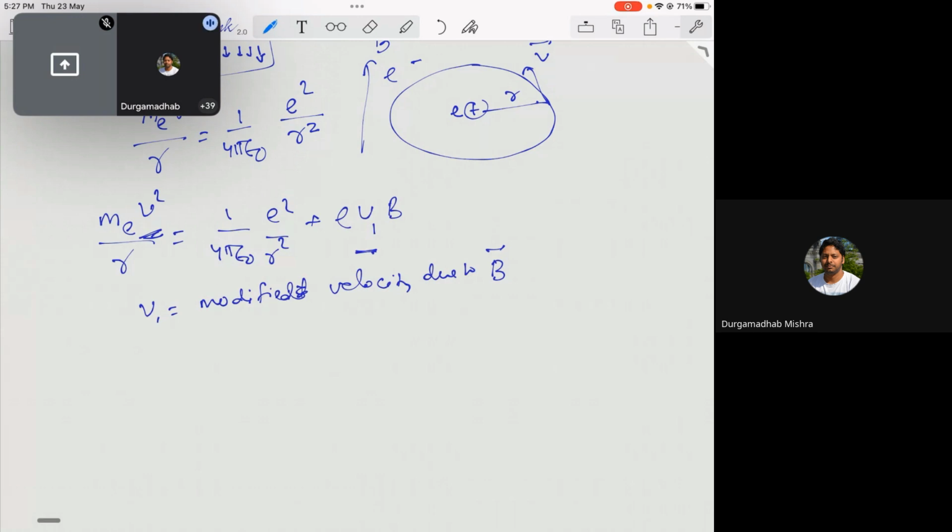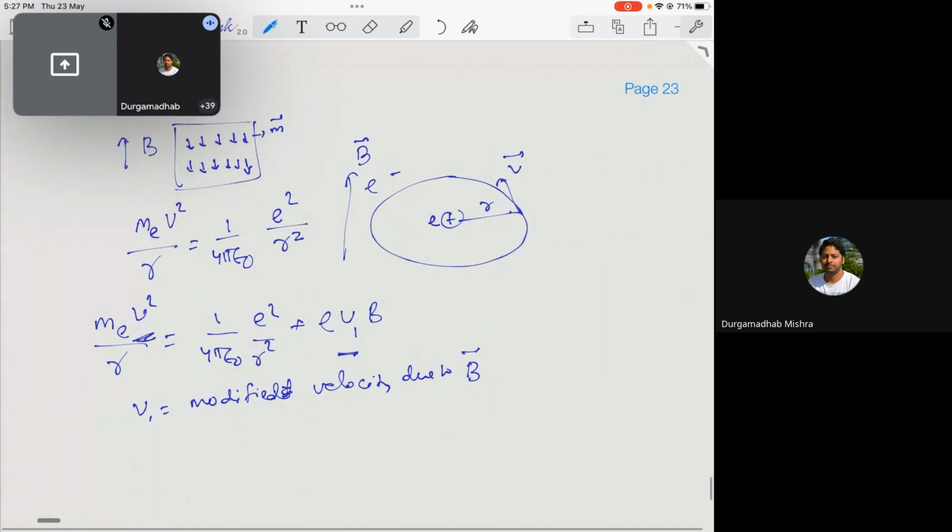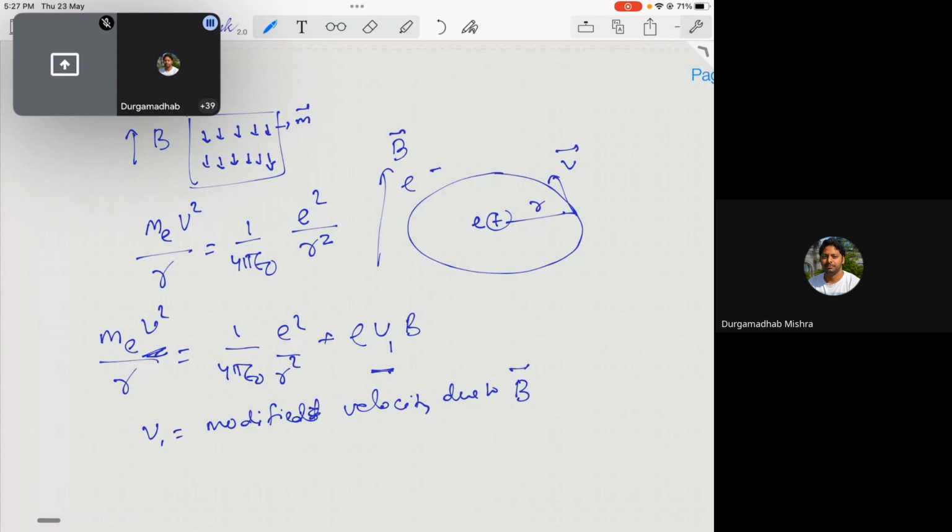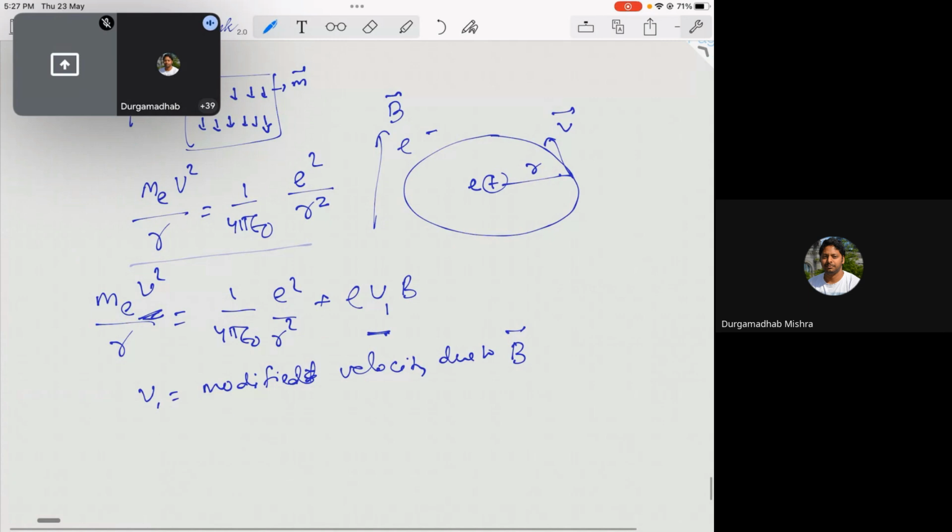So we can rearrange this. We have one equation here, m_e V square by R is equal to this much, and we also have this kind of equation in the presence of a magnetic field.